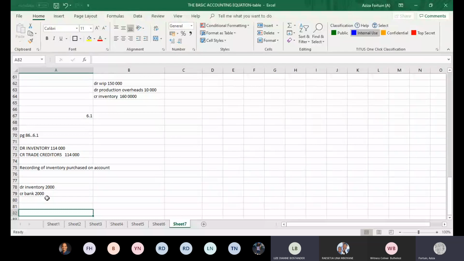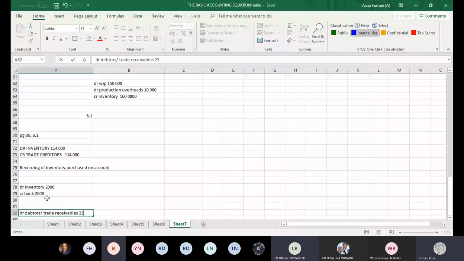What are we going to debit? Debit trade debtors, an old word, I don't know why they use it here. It's supposed to be trade receivables. 23,000, and you're going to credit sales.